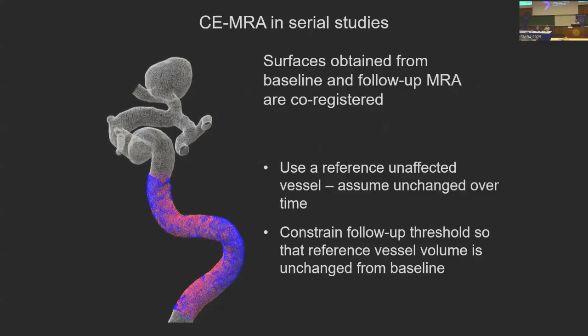We constrain our subsequent imaging such that the reference vessel volume remains unchanged. Therefore, any changes that we note in this progressive scanning series, 4 different imaging sessions, we can very confidently assign to a growing aneurysm with robust image quality.